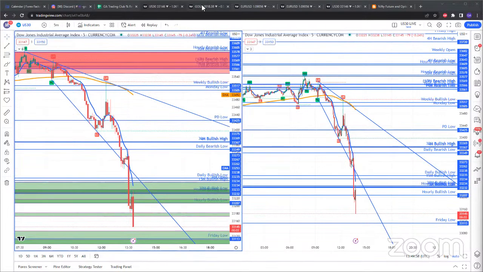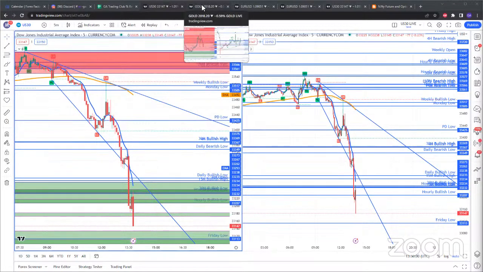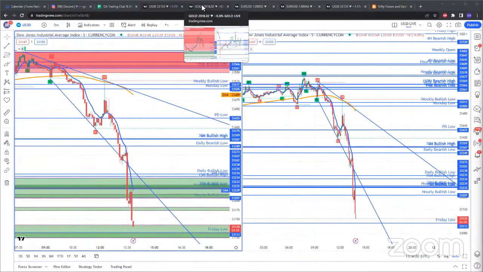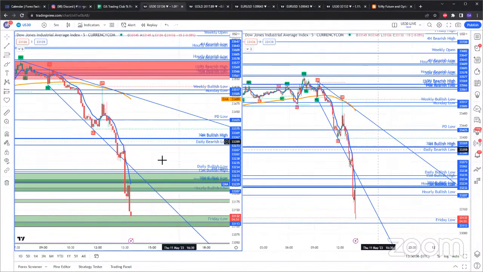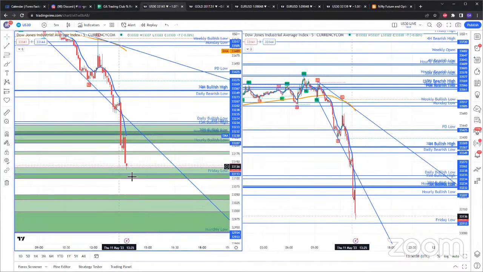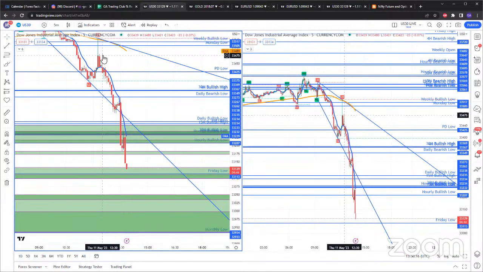All right, sorry guys, I'm also checking on something else, so I might be in and out of trades. But you can see everything is bearish at this point, so just let things keep dropping. For US 30, we are coming into demand zones. So always wait for a possible reversal at maybe 33,000.